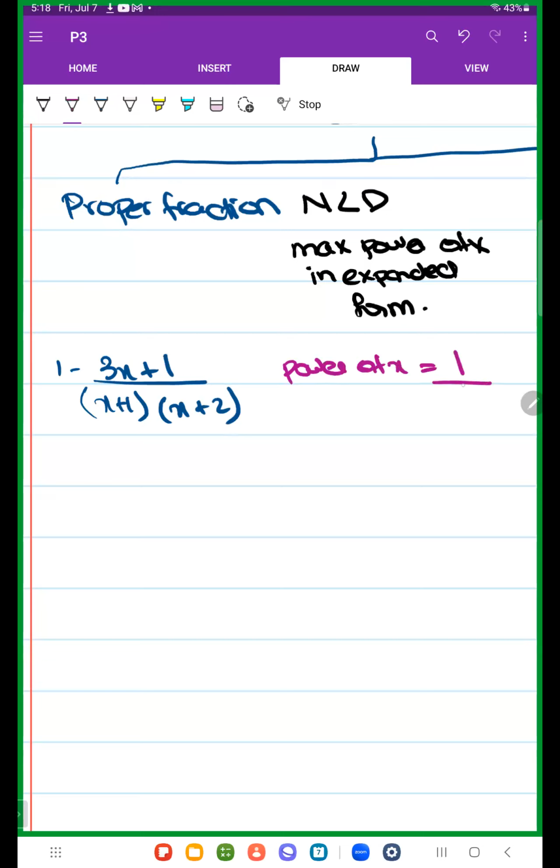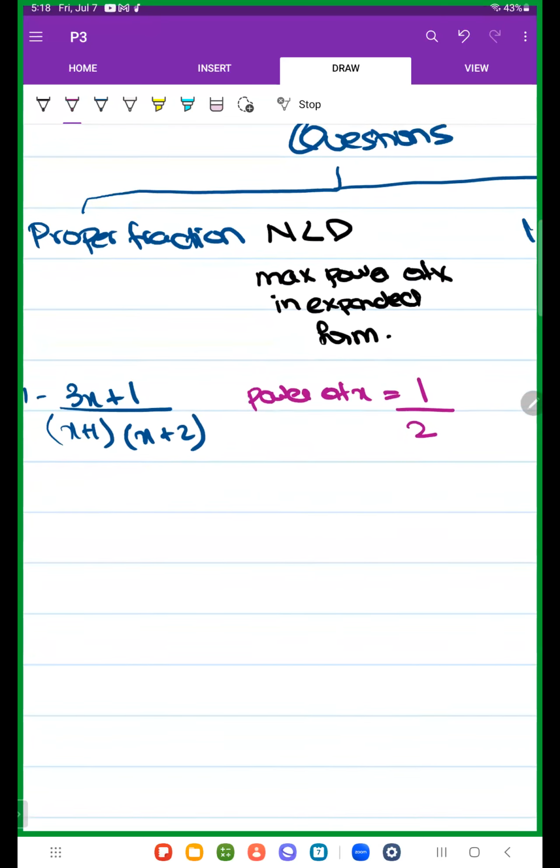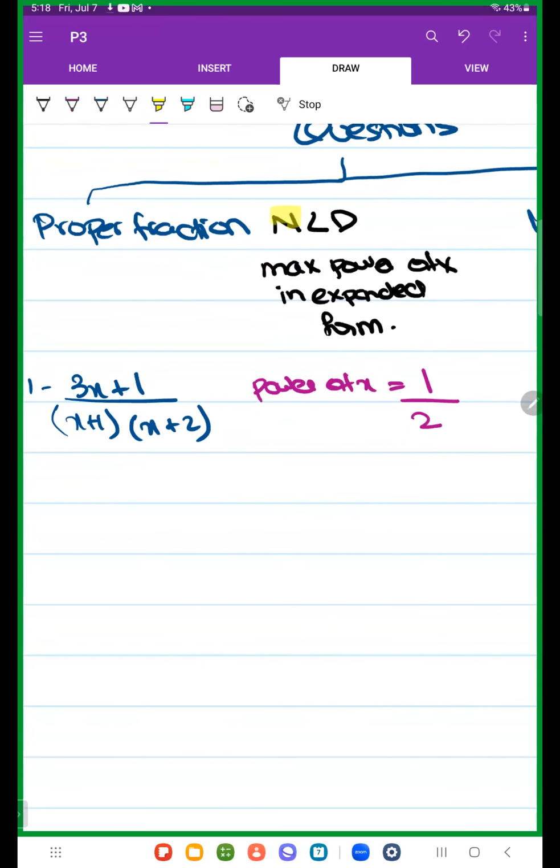And what is the power of x in the denominator when I expand the brackets? 2, because there are 2 x's. So if the power of the numerator is smaller than the denominator, we say it's a proper fraction.